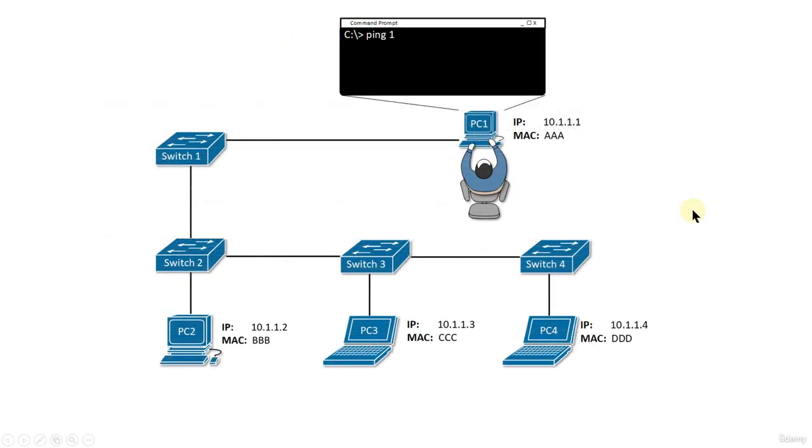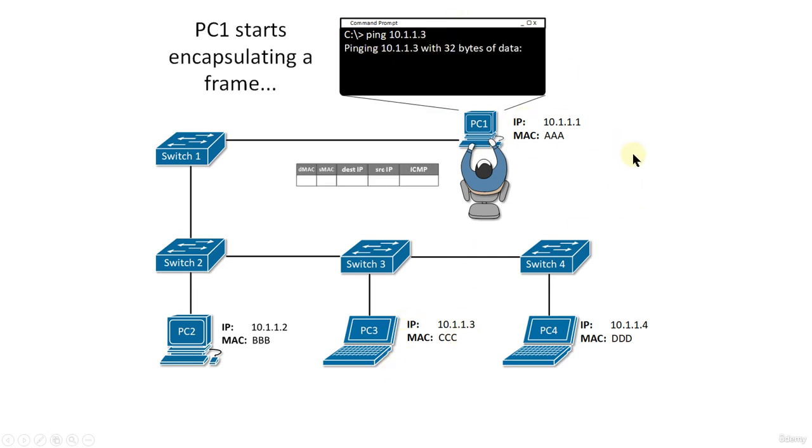As you can see, we have PC1 whose IP address is 10.1.1.1 and the MAC address is AAAA. But it is going to ping 10.1.1.3, as you can see. So what happens? It immediately creates a frame saying this is going to be an ICMP packet.